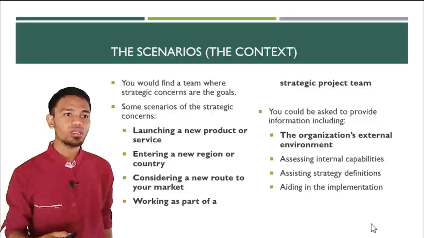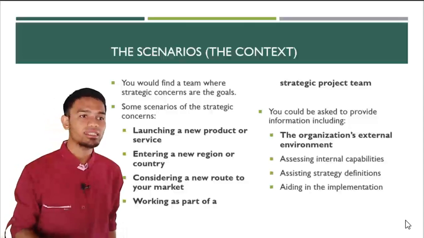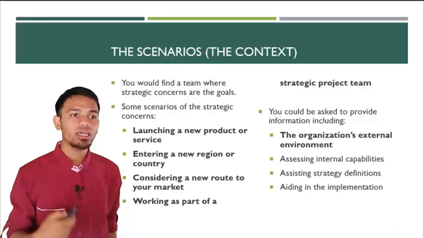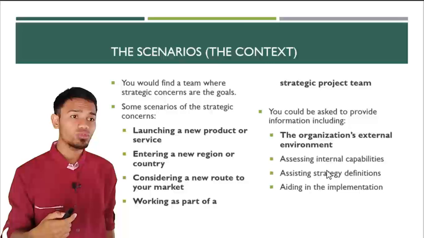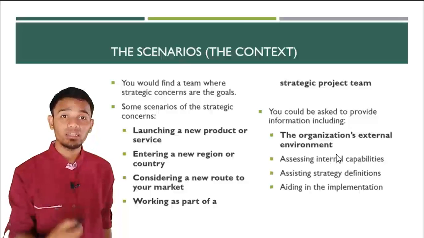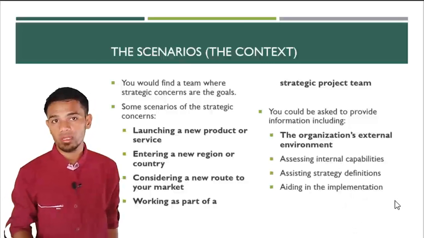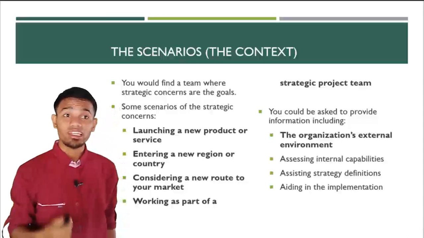The next one is assessing internal capabilities, then assisting strategy definitions, and the last one is aiding the implementation. But before going to the last three things, we have to have the understanding or insight first of the organization's external environment.